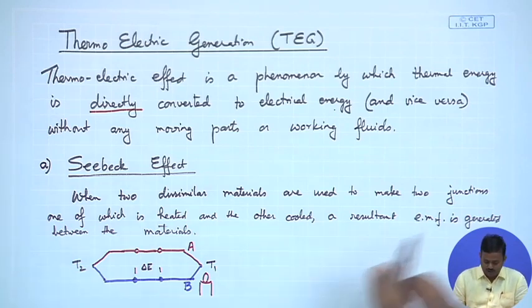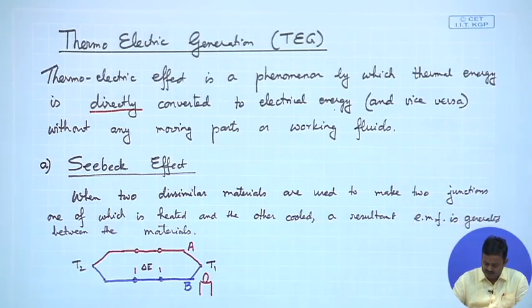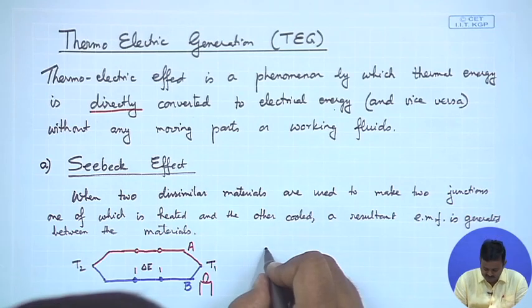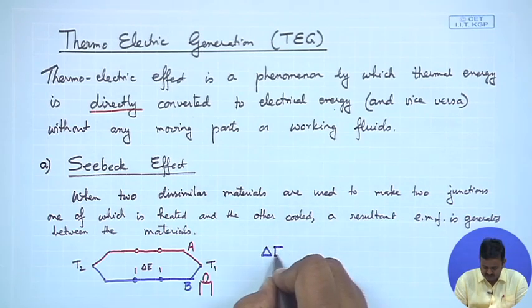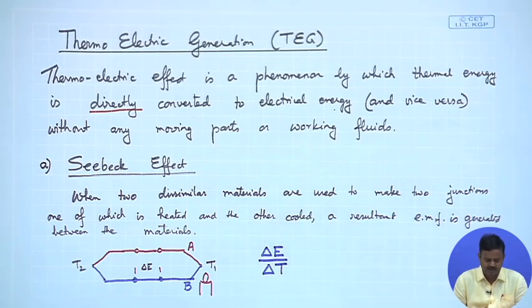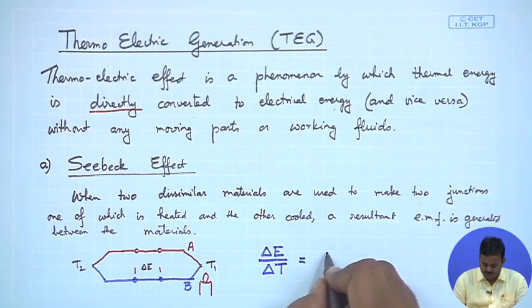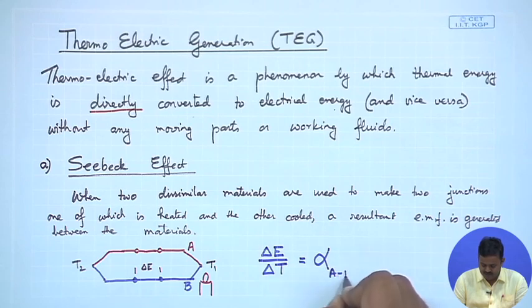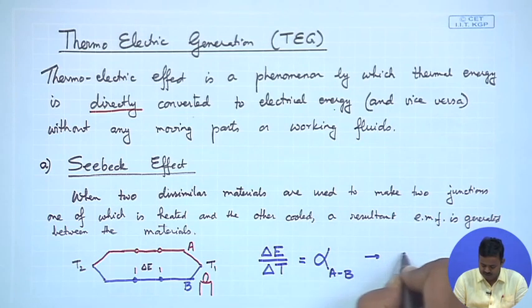Seebeck also showed that this EMF that is created is directly proportional to the temperature difference delta T, and the proportionality constant was named the Seebeck coefficient, okay.